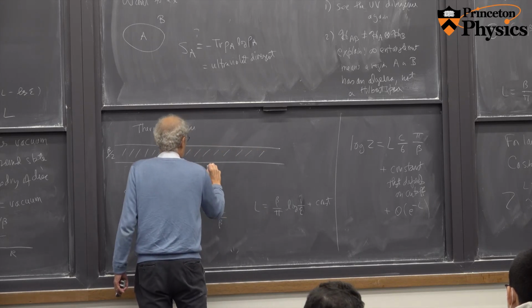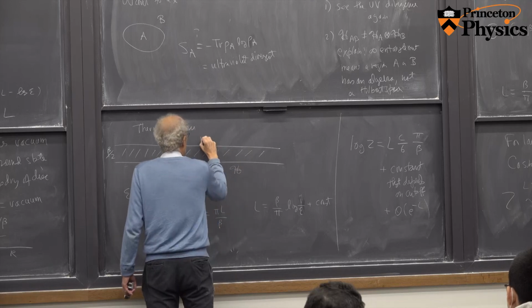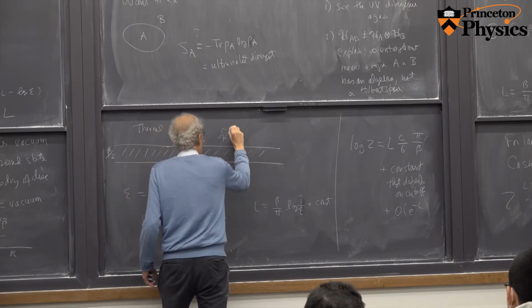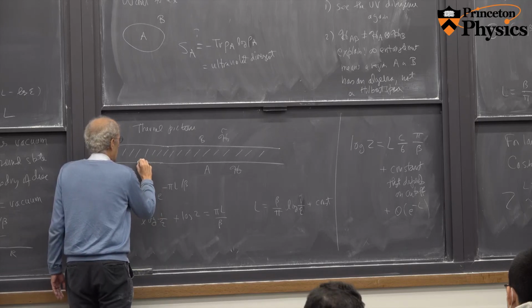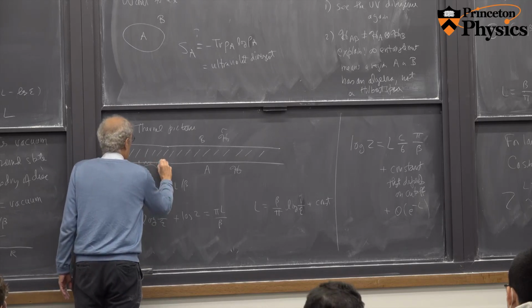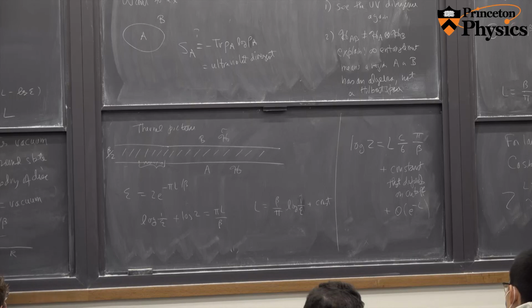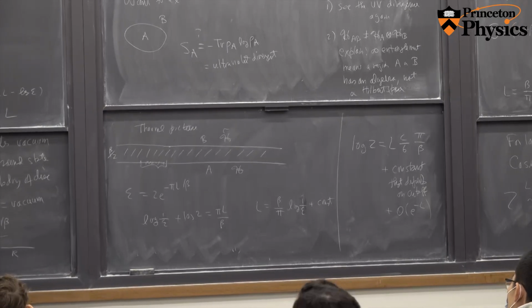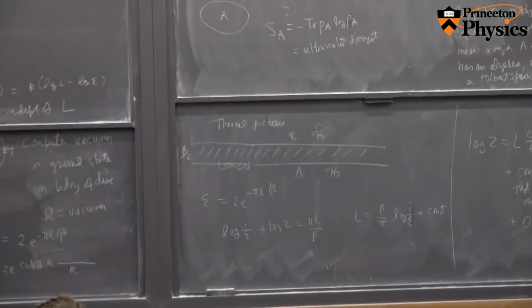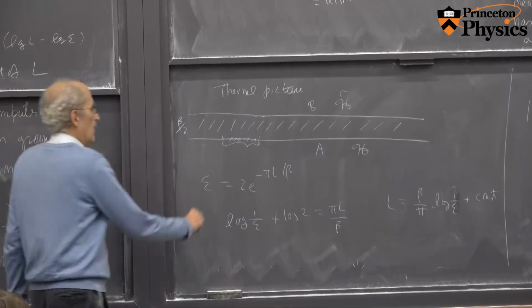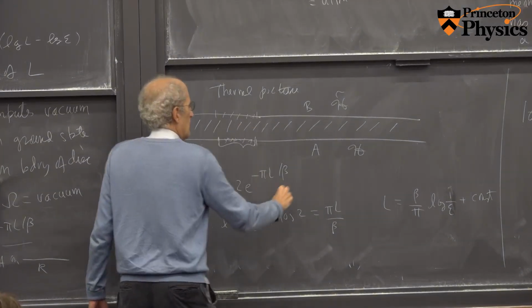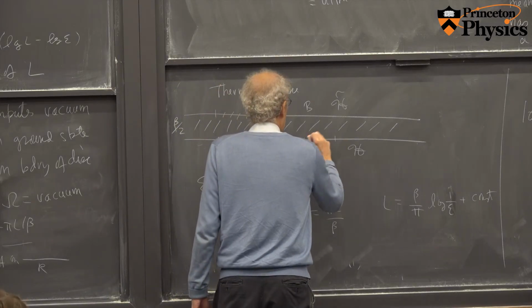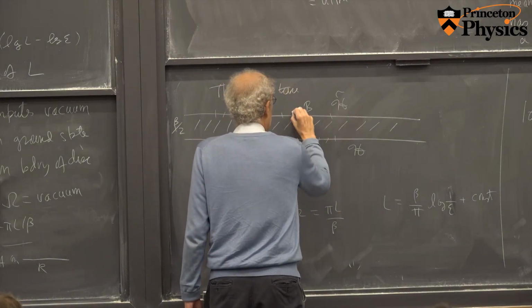We have a system A with Hilbert space H at the bottom, a system B with Hilbert space H tilde at the top. If you consider a mode which lives here, it's entangled with some mode of the other system, but it's mostly entangled with modes that are physically nearby. So this mode is mostly entangled with one which is here. This mode is mostly entangled with one which is here.